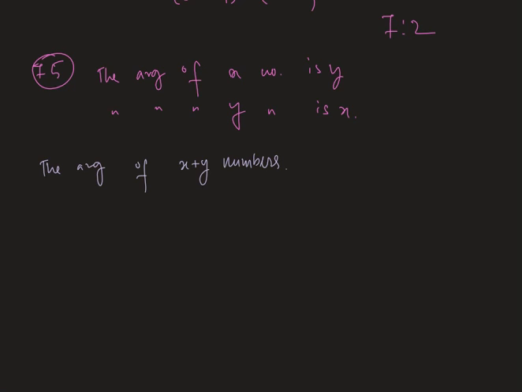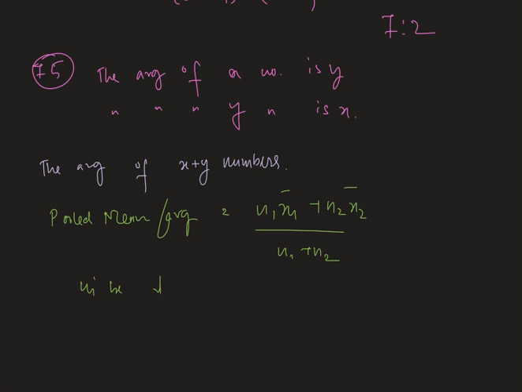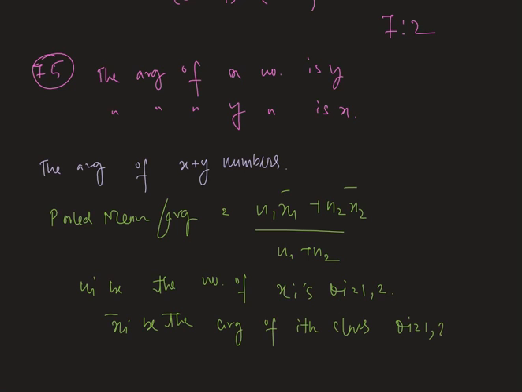We already know the formula of pooled mean or pooled average, which is nothing but (n1 x1 bar plus n2 x2 bar) divided by (n1 plus n2), where ni is the number of xi's for all i = 1, 2, and xi bar is the average of ith class for all i = 1, 2.